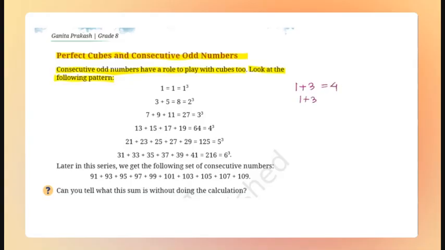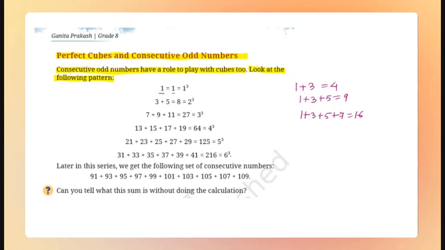Then 1 plus 3 plus 5 आप करते थे तो 9 आता था. Similarly 1 plus 3 plus 5 plus 7 करेंगे तो 16 आएगा. So this relation we had that when we add the consecutive numbers starting from 1, we used to get the square numbers. Now we have to see what relationship the cubes have with these odd numbers.